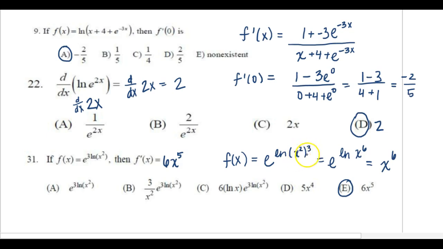So sometimes students might say this is x to the 5th, and then notice what the fake out answer is, 5x to the 4th. And that's because some students will add these together instead of multiply them, and then they have that fake out answer here of 5x to the 4th for those students who don't know that property. Which is frustrating because you've already done so much, and to not know your algebra skills and get this question wrong is not worth it. So make sure that you go back and learn those rules.